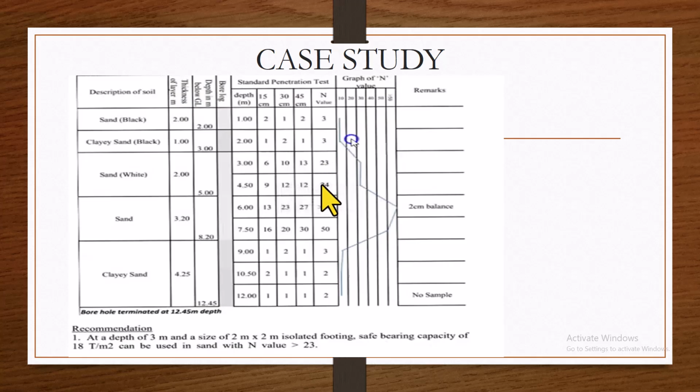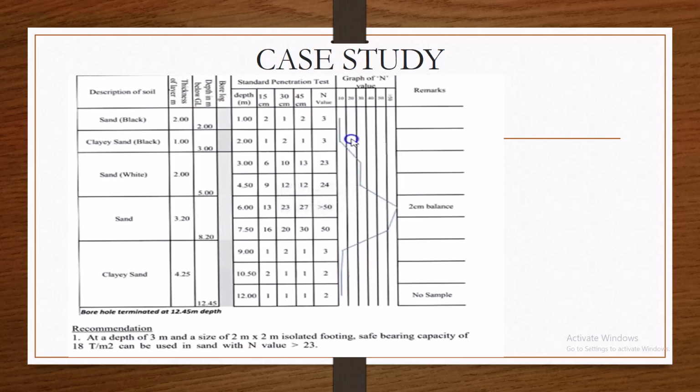And at another sand, we have 50 for the N value. The N value tells you the amount of resistance given by the soil, so the higher the value, the higher the resistance. But after the 18-meter depth, we now have sand mixed with clay, and that eventually reduces the capacity or the strength of the soil.